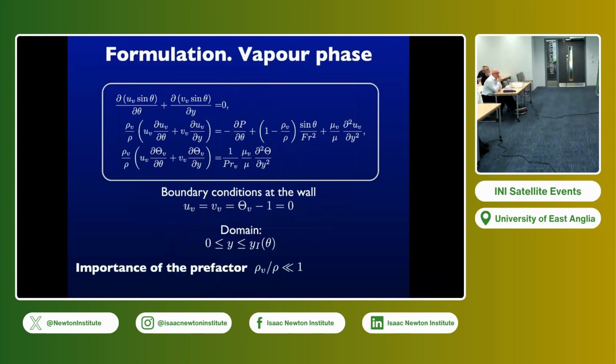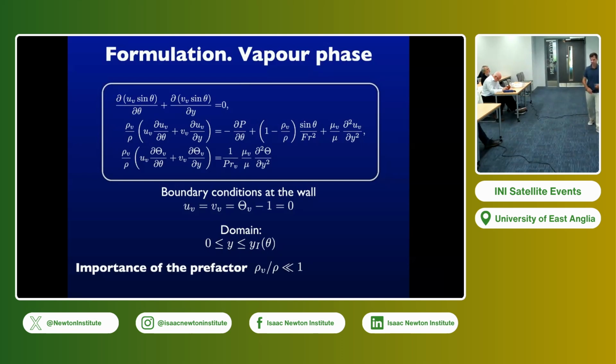Similarly, we can obtain the conservation equations for the vapor phase. So we have again the continuity equation, the polar momentum equation, and the energy equation. I want to emphasize that in those two equations there is a prefactor, which is the ratio of densities, a factor of 10 to the minus 3, and one would be tempted to drop the convective terms in both equations.